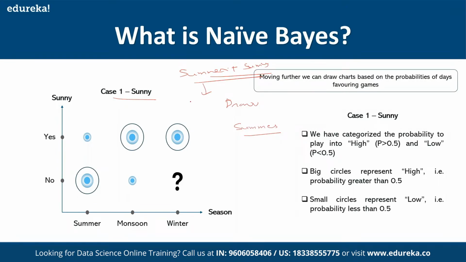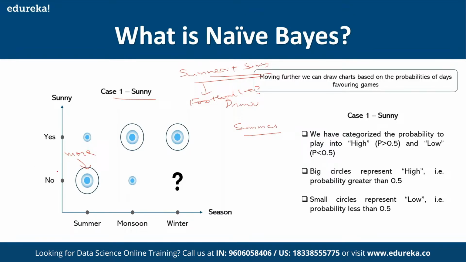Would you want to play football in this situation? How many of you would like to play football there? The probability will be more towards the no side. Can you see this? So the probability is more towards the no side.